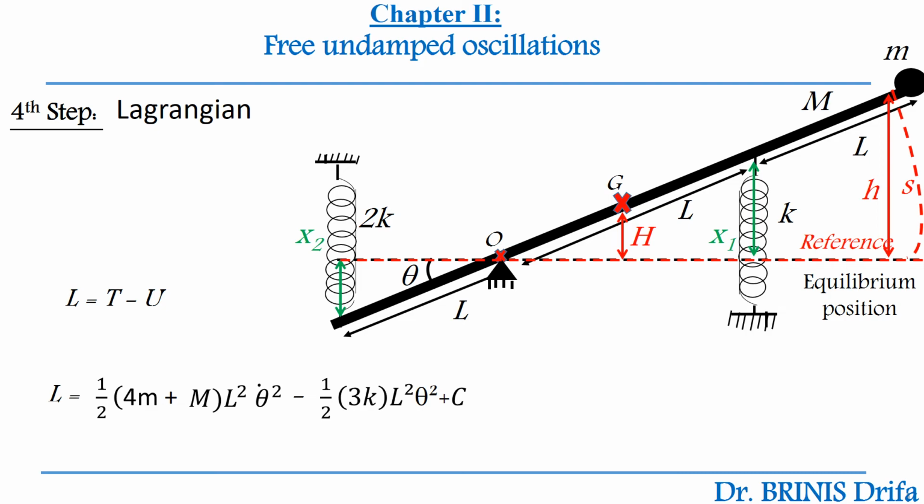When T is greater than U, it means the system has a motion over stability, and the opposite we can say when T is small relative to U: the system is not in great motion.